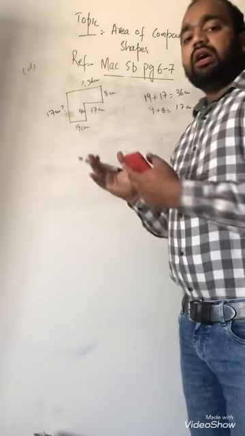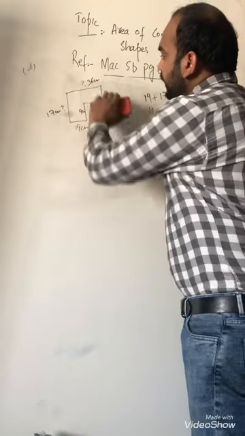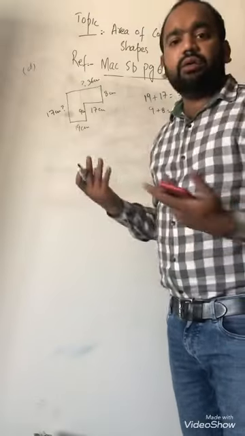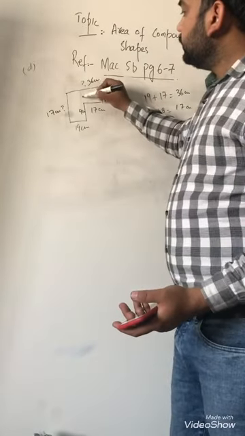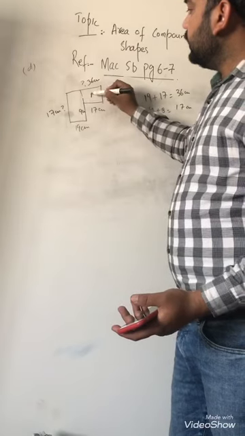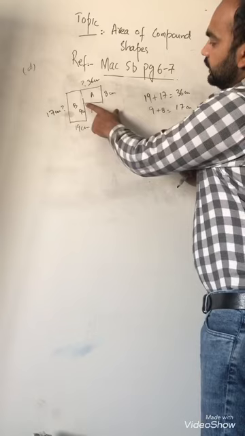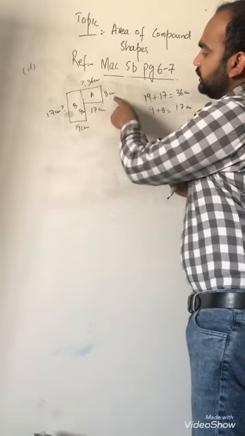Now every side has a value, right? So now it's up to us how we can divide the shape. Let's suppose I divide this shape like this. I'll write it A and this B. So now I have 17 length and 8 width, right?